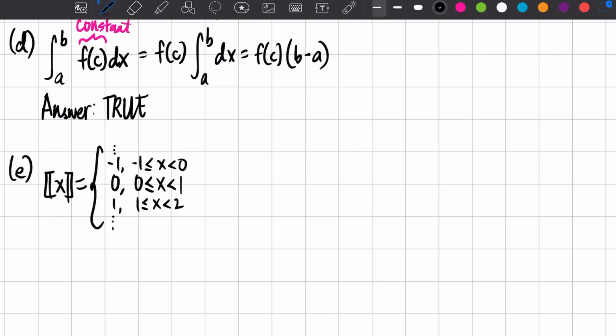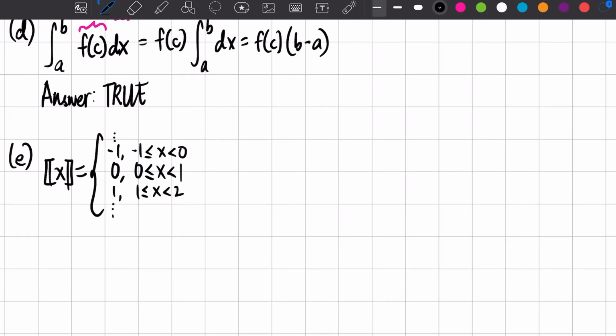Okay? So for any n here, if you will make this n, then this one will be n, and this one is n plus 1. So this one would be equal to n for x within this interval right here, n to n plus 1.